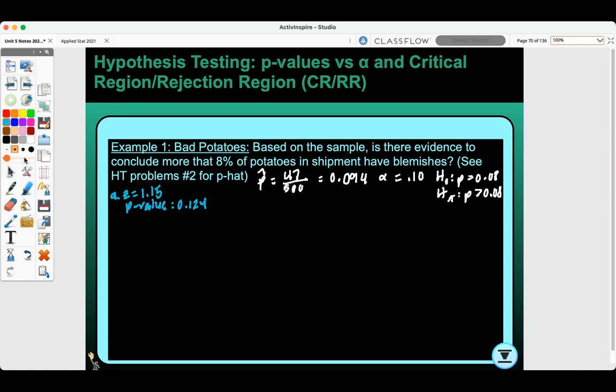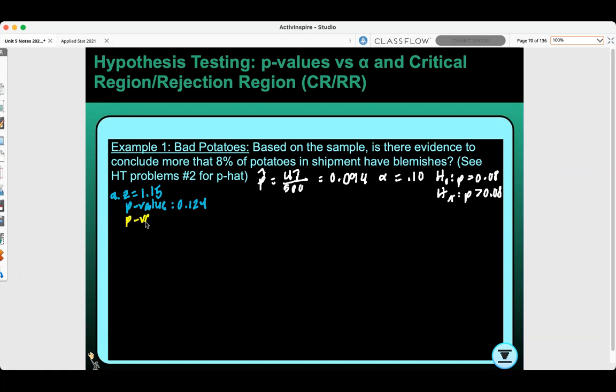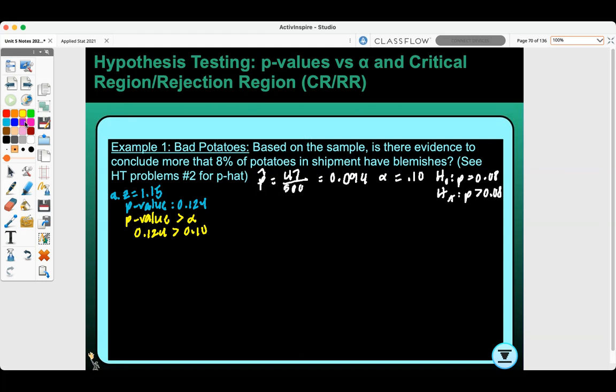And when we stated our conclusion, our p-value was greater than alpha, because our p-value was 0.124, which is greater than 0.10. So we failed to reject the null hypothesis.